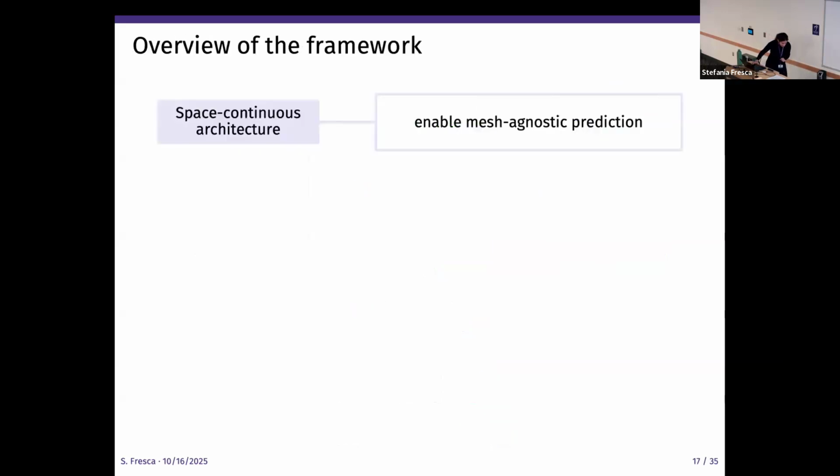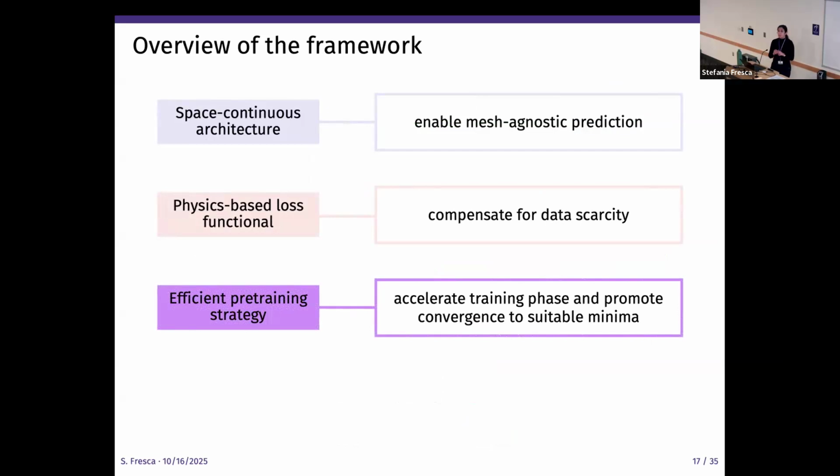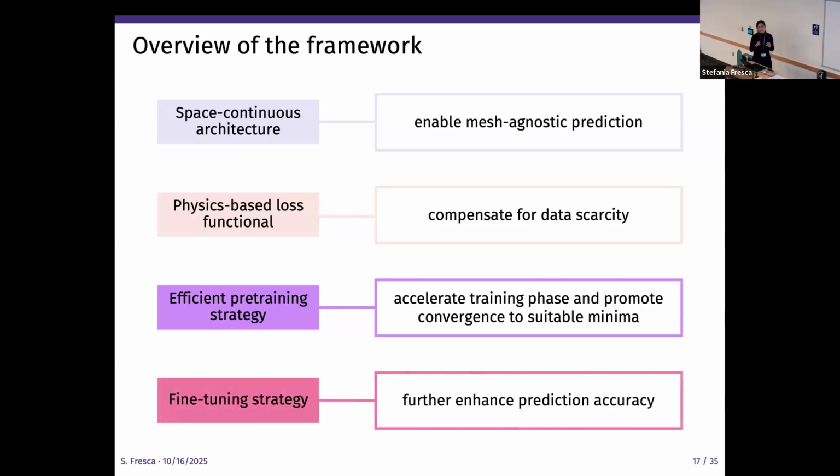Its main key features are a space-continuous architecture, which enables a mesh-agnostic prediction, a physics-based loss functional, which compensates for data scarcity in the context I just showed you, an efficient pre-training strategy which enables us to accelerate the training phase and promote convergence to suitable minima, and finally, a fine-tuning strategy, which further enhances the prediction accuracy.